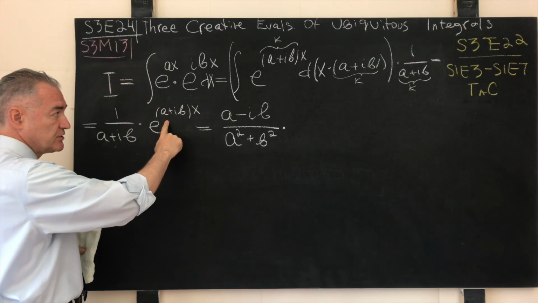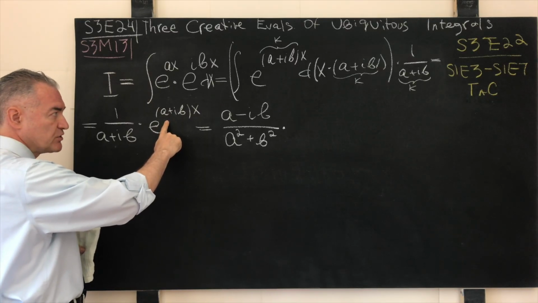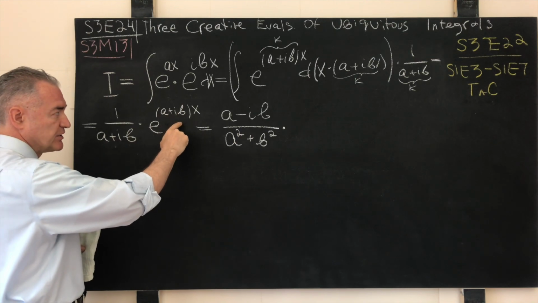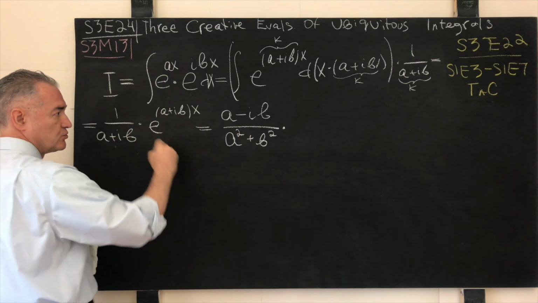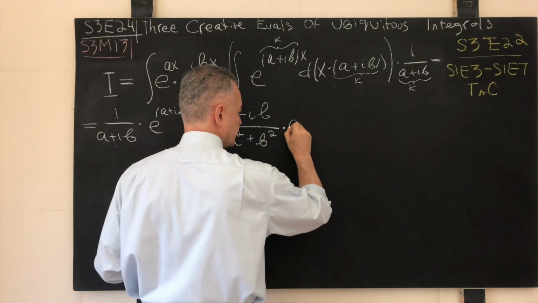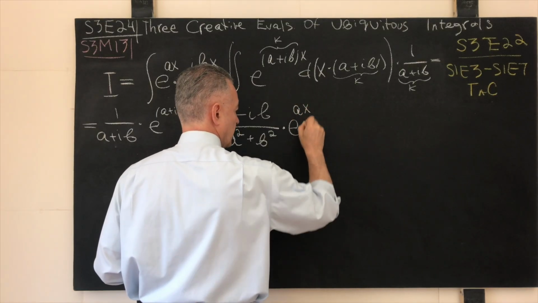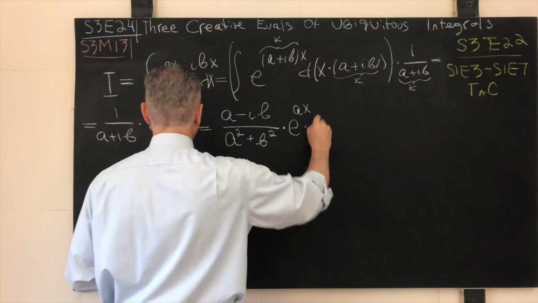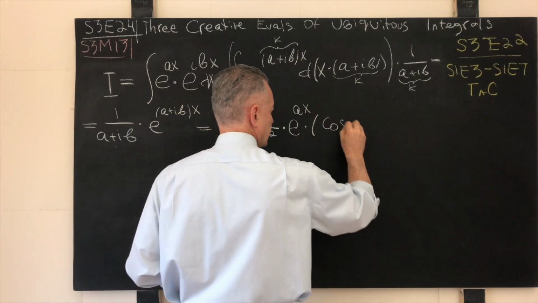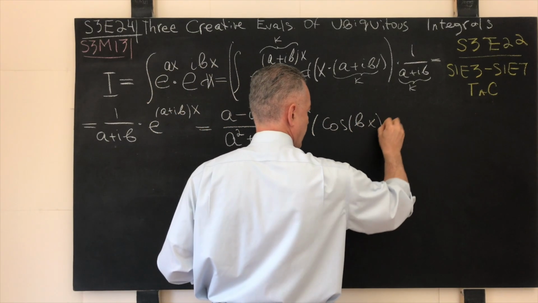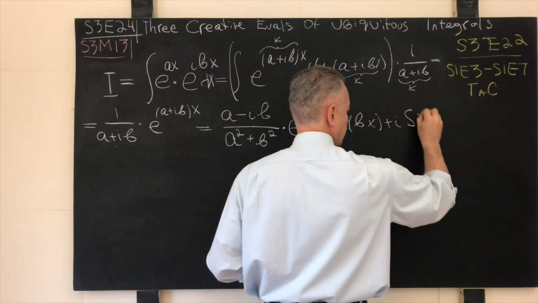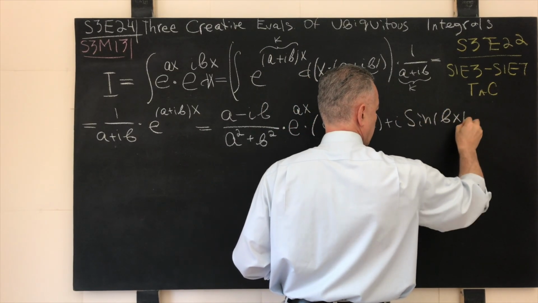Using our favorite Euler's formula, but before that we manipulate it a little bit again. We unzip it into the exponent a times x times, let's do this, cosine of bx plus i sine bx.